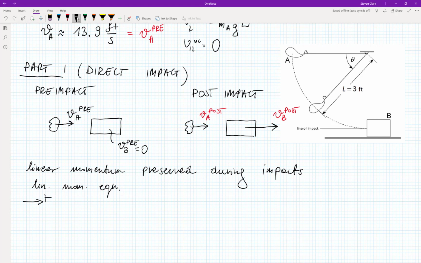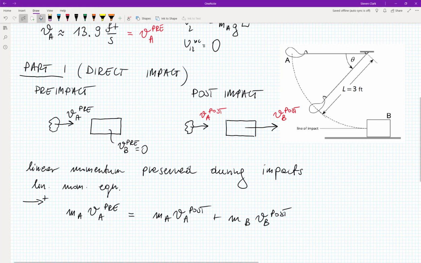So at the beginning, we will have mA VA pre that is equal to mA VA post plus mB VB post.